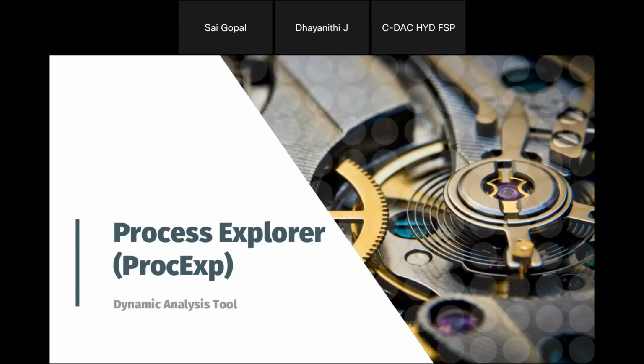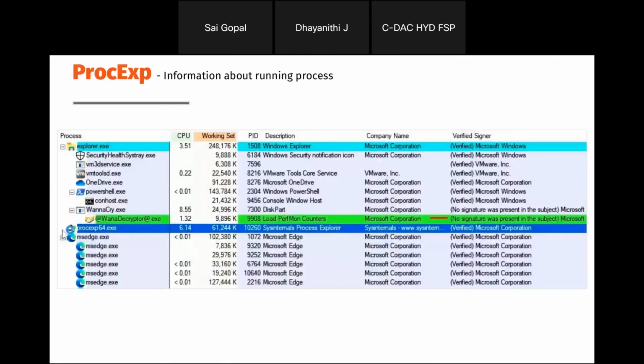Also, it will list all the resources that a particular file is accessing, like what files it has opened, and what other resources it is opening, whether any semaphore is being created, or whether any IPC mechanism is created. All this information you will get using Process Explorer. This is a sample output of Process Explorer.